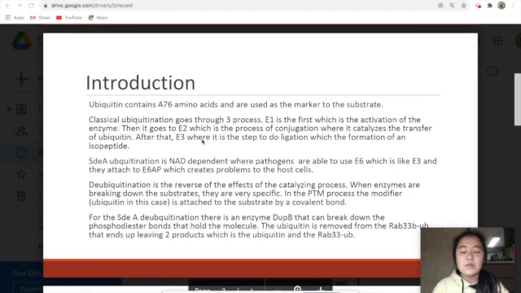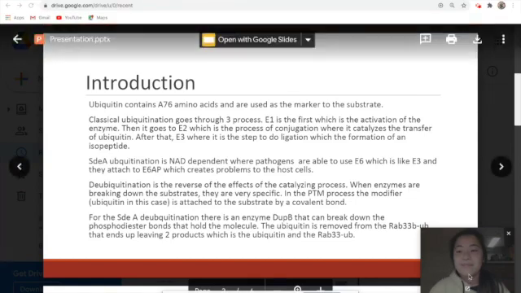So it will turn Rab33B-UB into two different products, Rab33B and ubiquitin, which are the original proteins before ubiquitination occurred. That is our quick introduction, and I'm going to hand it over to Emma.